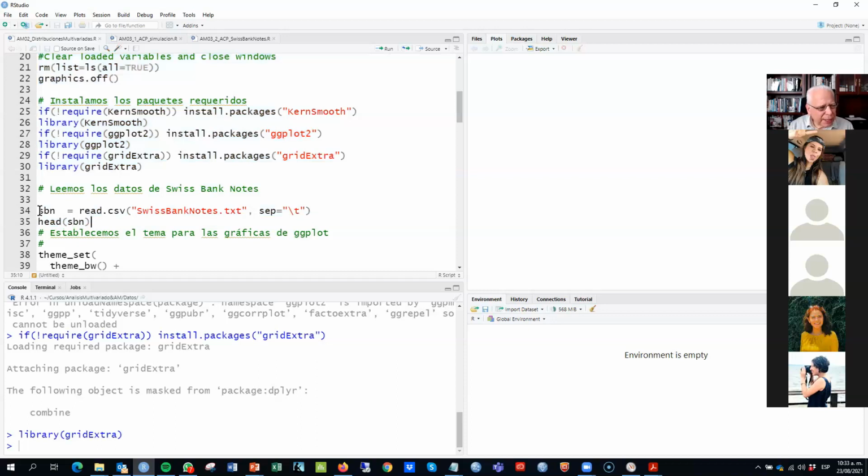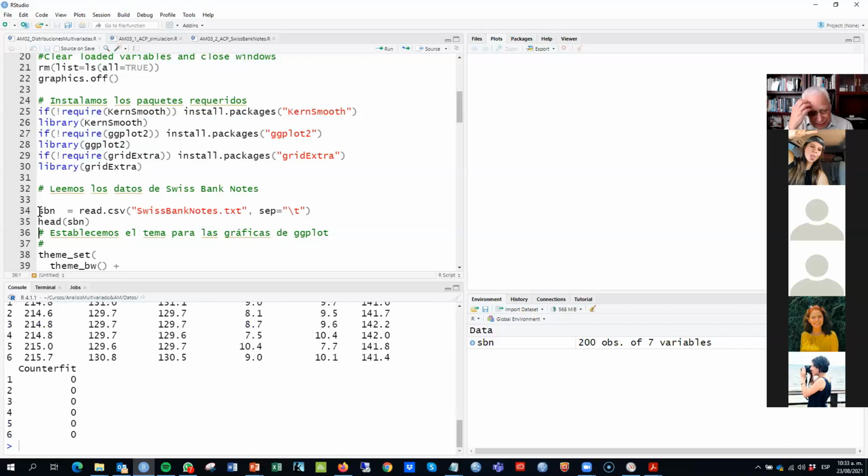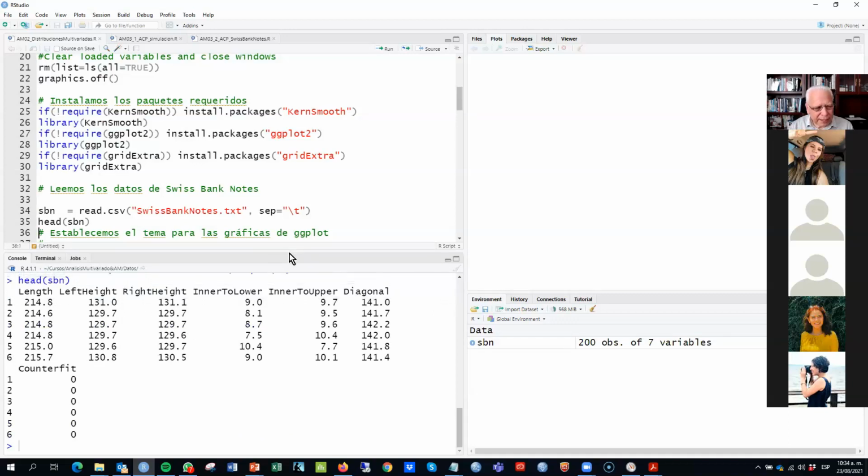So I'm going to say SBN with CSV, and I have the Swiss bank notes data loaded already in my space here. As you can see, this is just the head, the first 6 observations, but it has a dimension of 200 by 7 variables. So it's 200 observations with 7 variables.